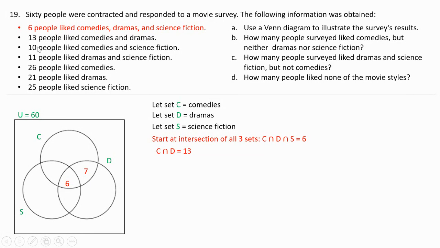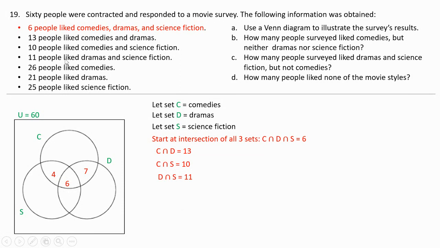Now, the third dot here. 10 people like comedies and science fiction. So it's going to be C intersects S equals 10, which would be this part here. If we already have 6 there, this has to be 4, because 4 plus 6 gives us 10. Here's where C and S intersect.